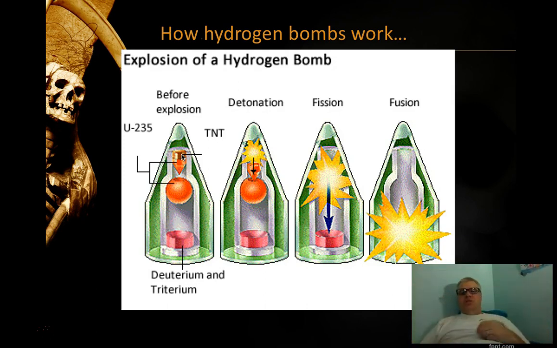The difference is that you have some other material here called deuterium or tritium, which is essentially what's sometimes also referred to as heavy water. It's water where the hydrogen atoms have extra neutrons on them. And when you put an atomic reaction next to this, it creates another kind of reaction. It's a fusion reaction that results in an even larger explosion than the atom bomb.